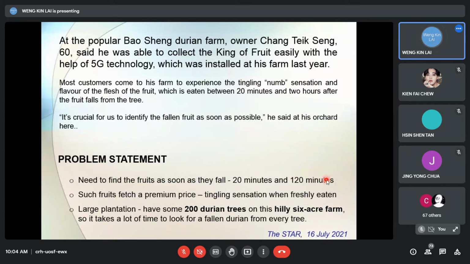Of course, in the industry, the first thing to ask is why do I need to pay extra, right? So the problem statement is that this durian farmer, Chang Tek Singh, and his family need to find the fruits as soon as they fall, between 20 minutes and 120 minutes, less than 2 hours.